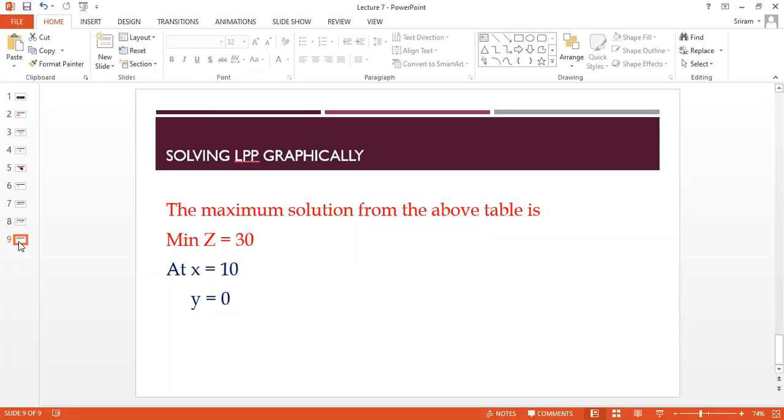Only one chapter, 10 marks, and you will have only one question, not even two. Maybe some students may have formulation of LPP, some students may have graphical solution. Any one question will be there in the quiz.